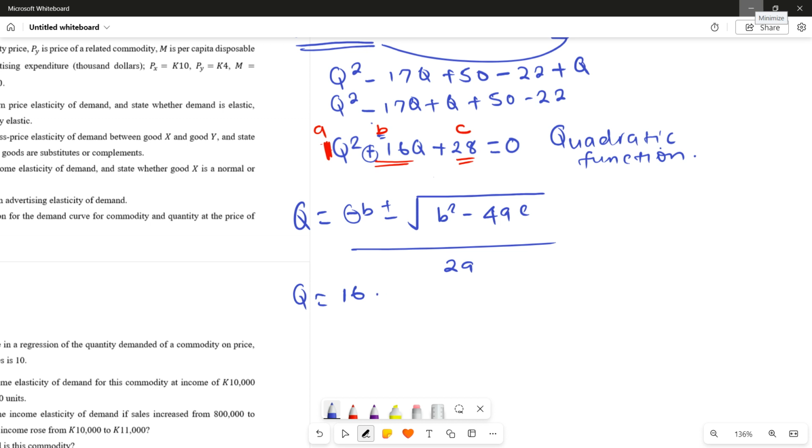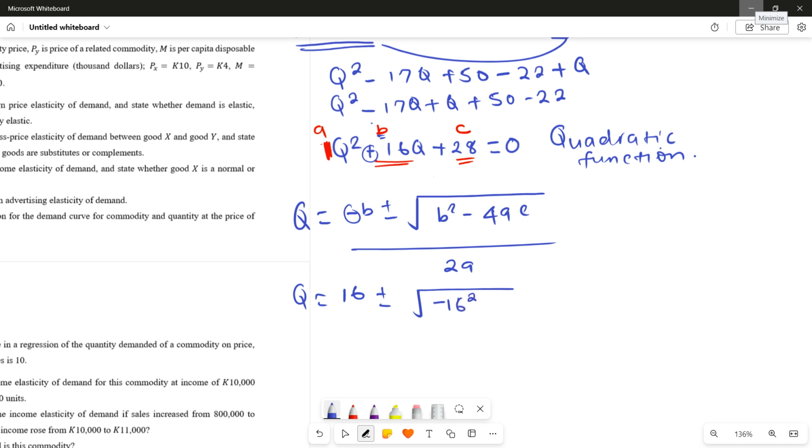Then plus or minus the square root of, what is our b squared? Our b is negative 16, right? Please get me right on this point as well. The way you put a negative here, don't say negative 16 squared like this.